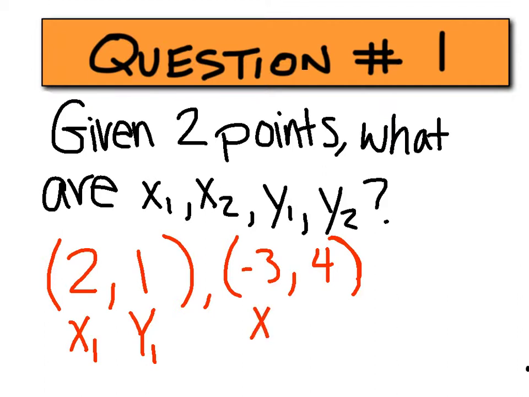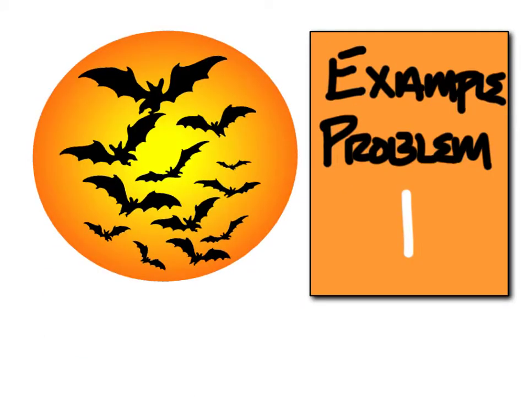Our x2 is the first number in the second ordered pair. And our y2 is going to be the second part of our second ordered pair. So our x1 is 2, our y1 is 1, our x2 is -3, and our y2 is 4 for this example.